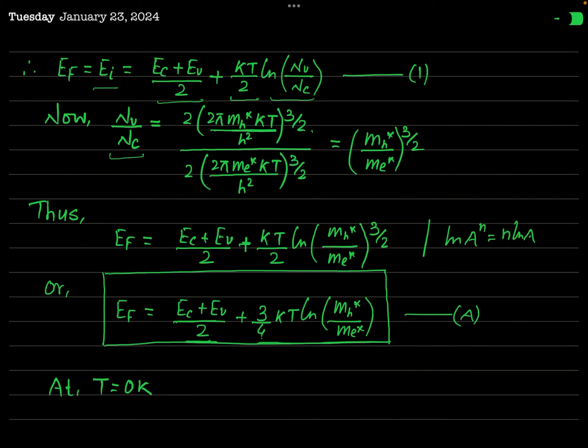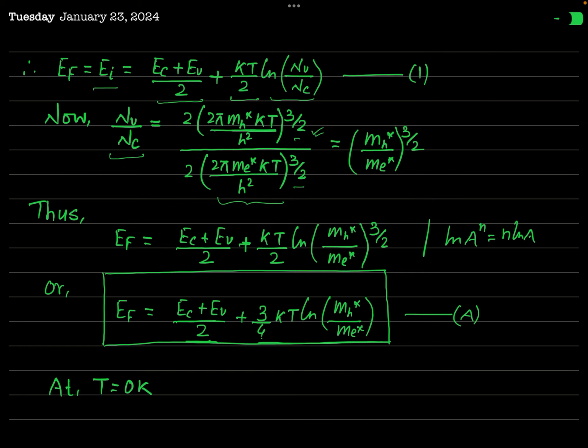Nv is given by this expression, that is, 2 times (2 pi mh star kt over h square) whole to the power 3 by 2, and that will be divided by Nc, and Nc is 2 times (2 pi me star kt over h square) whole to the power 3 by 2.